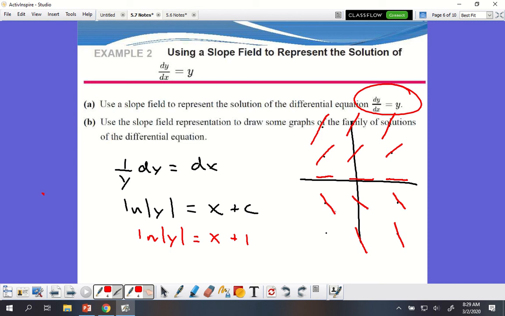Negative 1, negative 2. Now if you notice, going left to right, all the way across, the x doesn't matter. All the slopes are the same, reading it left to right. So that means the x doesn't play a part in this. It's going to help me out that there is no x as part of this.